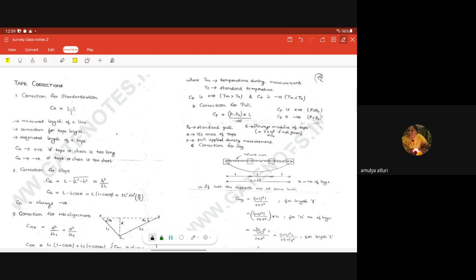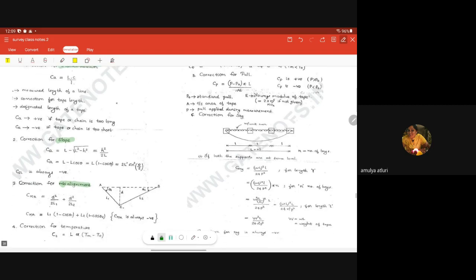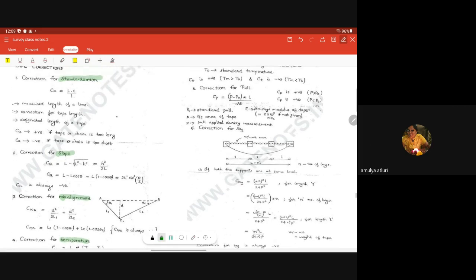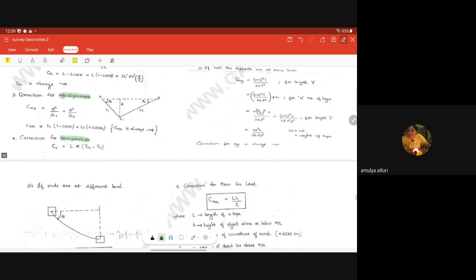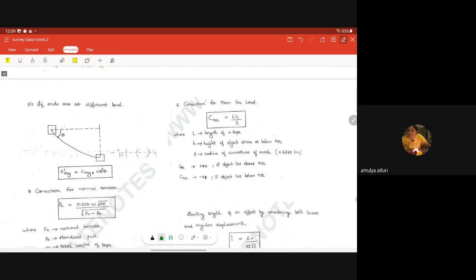The corrections are: correction for standardization, correction for slope, correction for misalignment, correction for temperature, correction for pull, correction for sag, correction for normal tension, and correction for mean sea level.